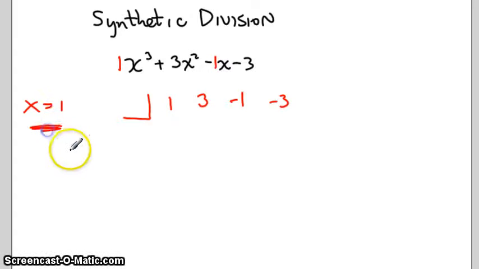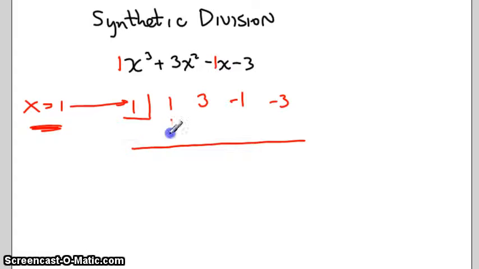Okay, so now what we're going to do is try a different value of x. In this case, x equals 1. So I've got my coefficients written here. Got my little divider here. I'm going to put 1 over here. I'm going to draw my line right down here. Drop down my 1. 1 times 1 is 1. 3 plus 1 is 4. 1 times 4 is 4. Negative 1 plus 4 is positive 3. 1 times 3 is 3.